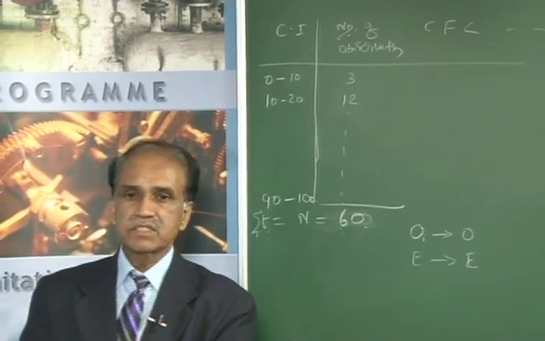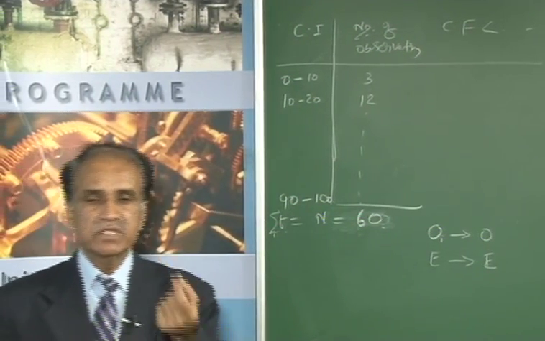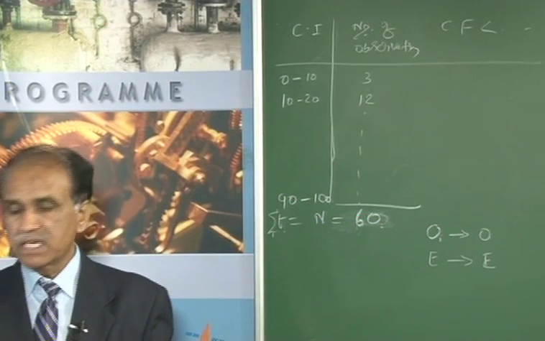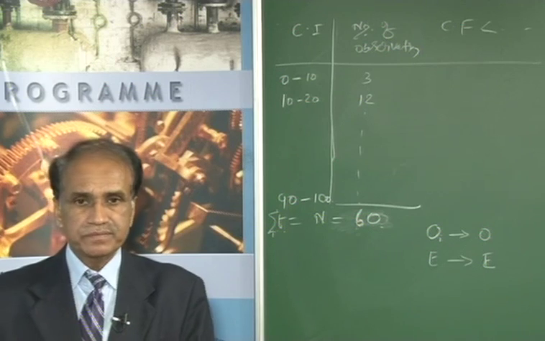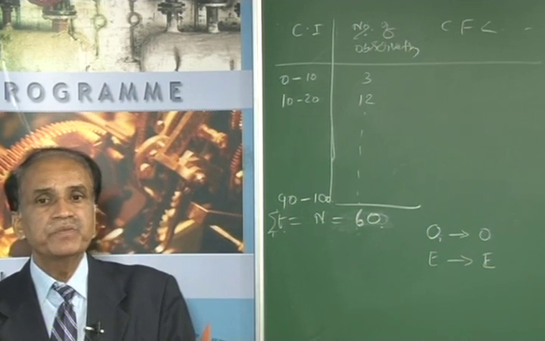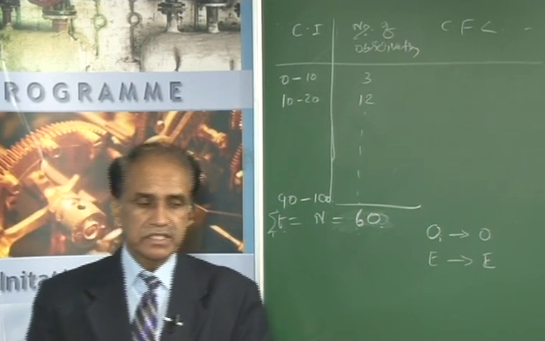Here also we discussed two limitations: one is at 5% level of significance and the other is at 1% level of significance. What is another advantage? Chi-square provides a test of goodness of fit and may be used to examine the validity of some hypothesis about an observed frequency distribution.